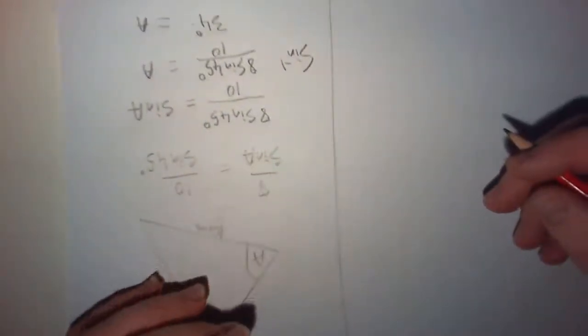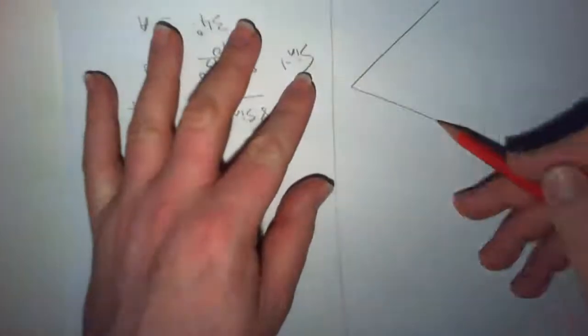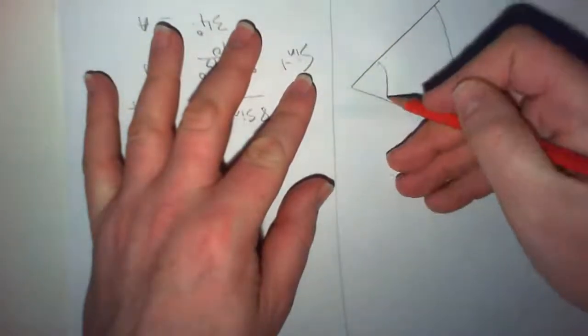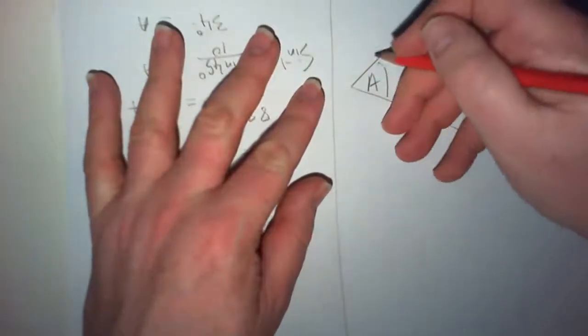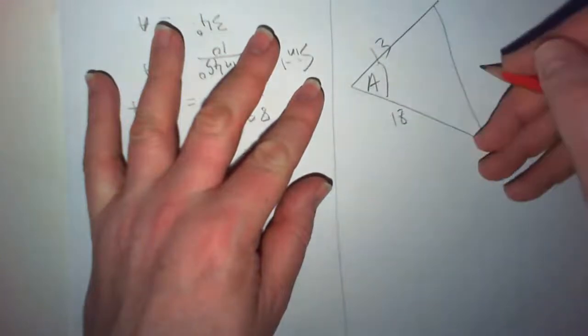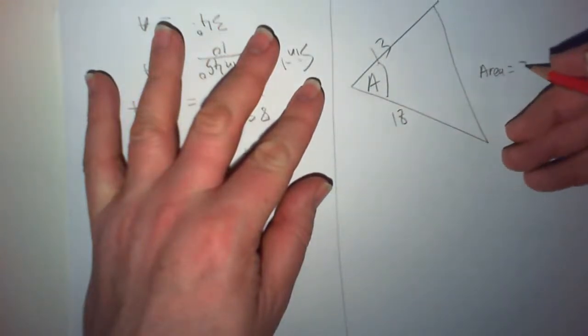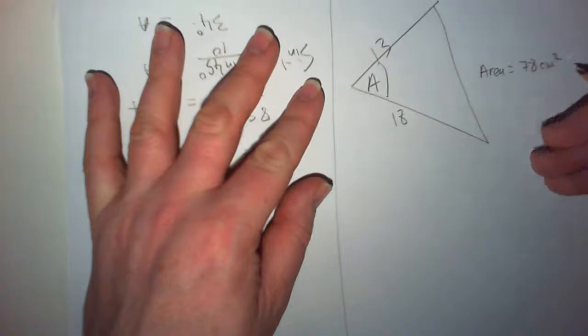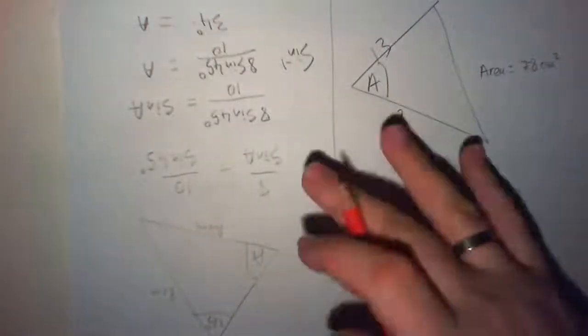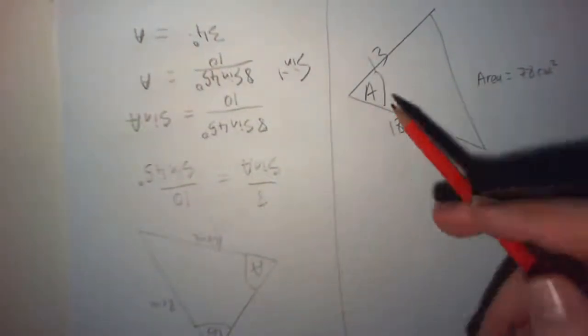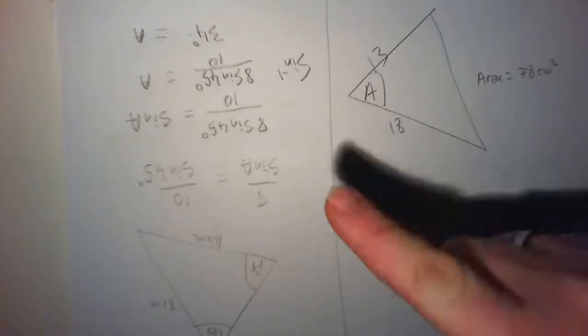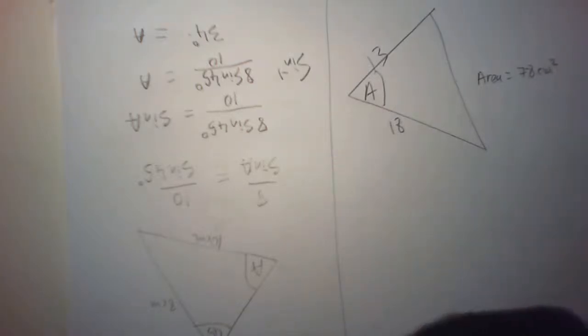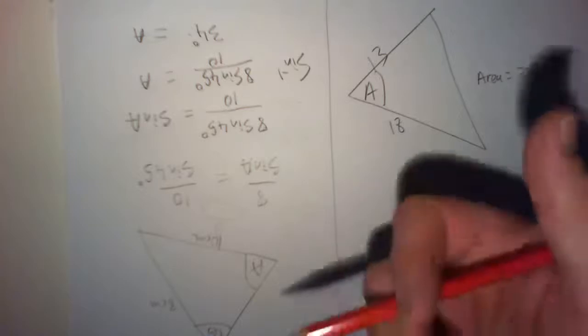Let's go a bit crazy on some of this. Okay. Oh, here we go. So we have a triangle with 2 sides and a missing angle between them, hint, hint, and they give you the area. Okay, Pythagoras is no good here.